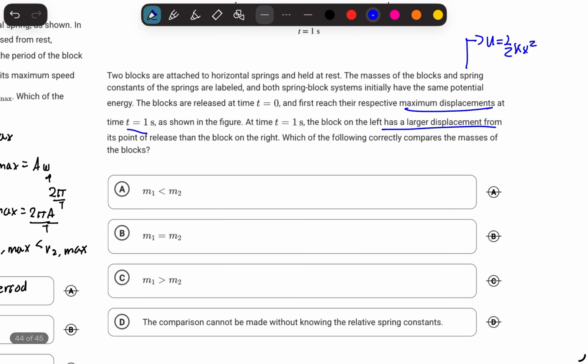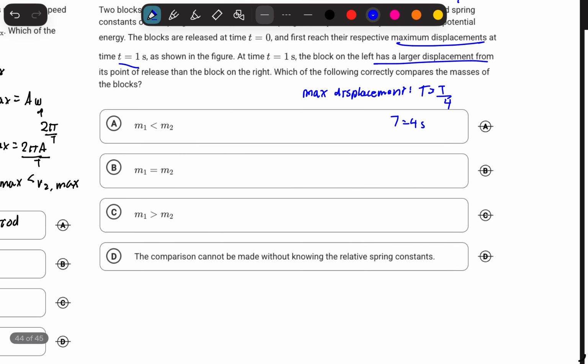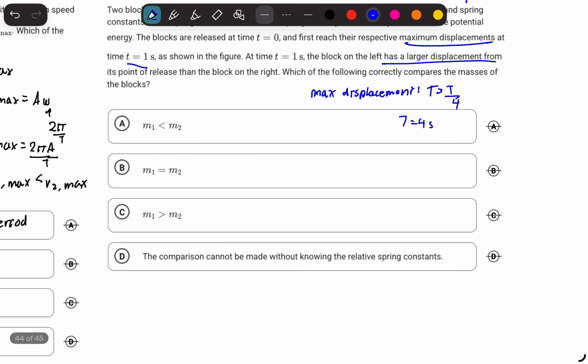Max displacement is going to be when you have t is equal to T over 4. And thus you have that T is equal to 4 seconds if you just multiply both sides. And that means both systems have the same period.